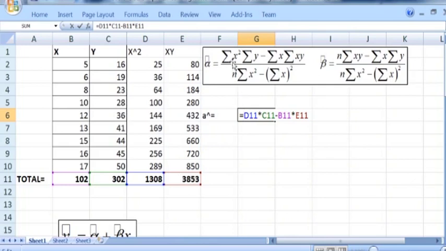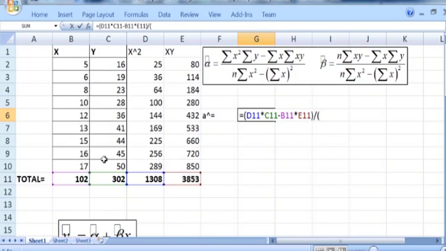Now we need to divide this numerator by n summation x square minus summation x whole square. In order to divide it, first enclose this numerator within parentheses and then put the slash for division and then start parentheses, and now n times summation x square. n is the number of observations.